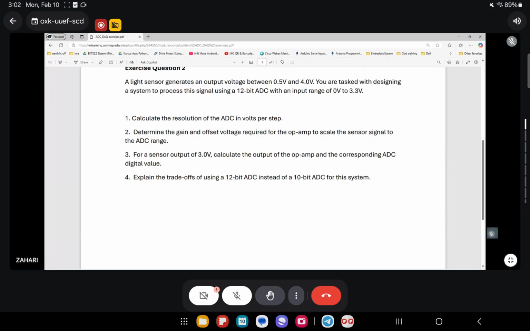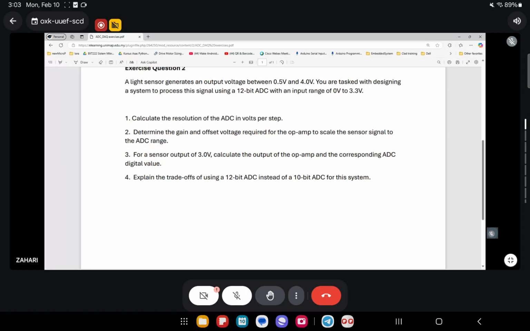So the result will be 3.0 as the V sensor at that time, 3.0 times the gain, and then plus this offset. This offset is negative, so plus times minus will give a minus. So you will get the result of 2.37357. This is the output of your differential amplifier, or SC, signal conditioning.